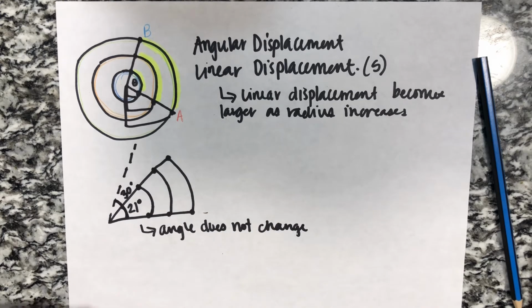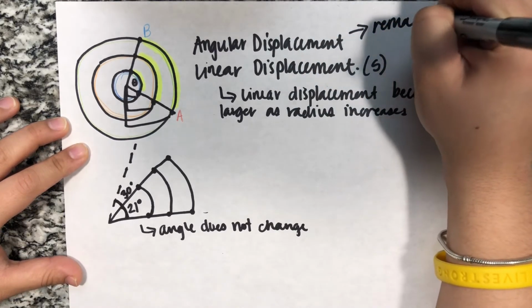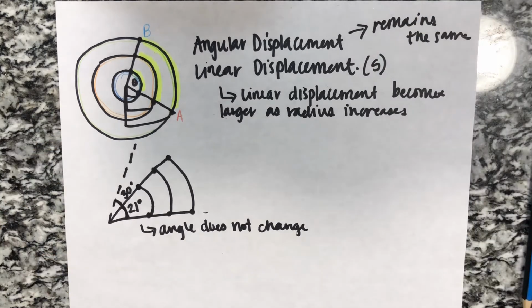It does not change. So the angular displacement remains the same for all three circles. Hopefully that helped with the question I put on your assignment. Like I said, I don't remember what number it is, but it's the one where you check multiple boxes. This is how you would solve it just by looking at this circle.